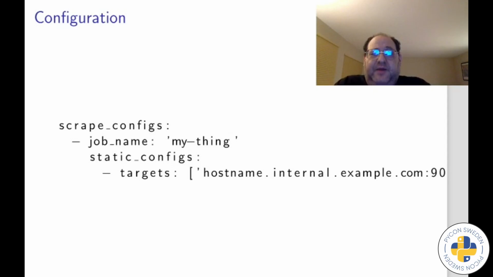If you're going to write an exporter, you'll probably want to test it. Of course, unit tests are important, but are not the be-all and end-all. You actually want to see how it looks. So at the very least, you'll probably want to configure a small Prometheus of your own to monitor your test exporter and see that everything works together. This is an example of a minimalistic Prometheus configuration.